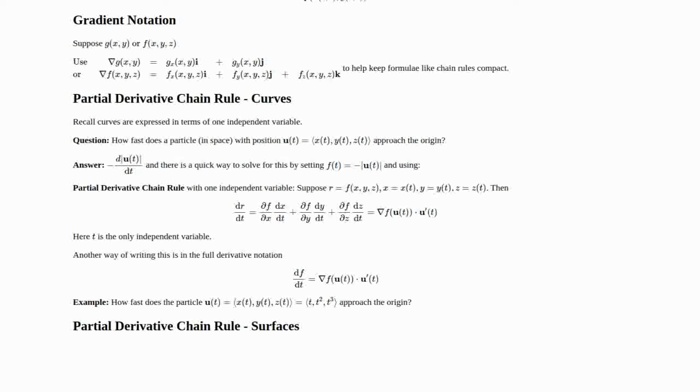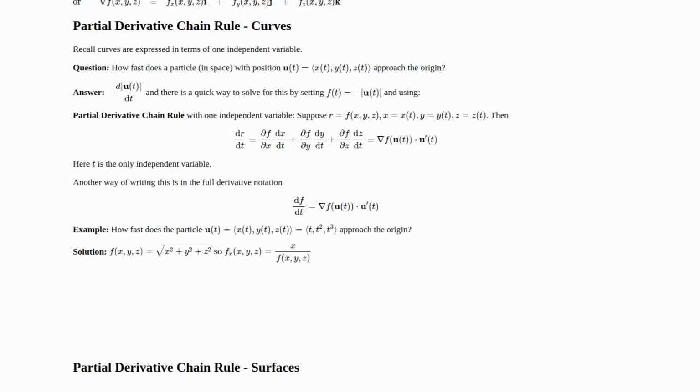So as an example, we can ask how fast is the particle at position u(t), which is x(t), y(t), z(t), which is t, t squared, t cubed, approaching the origin? Well, in this case, our function is the distance from the origin. So f(x,y,z) is the square root of x squared plus y squared plus z squared.